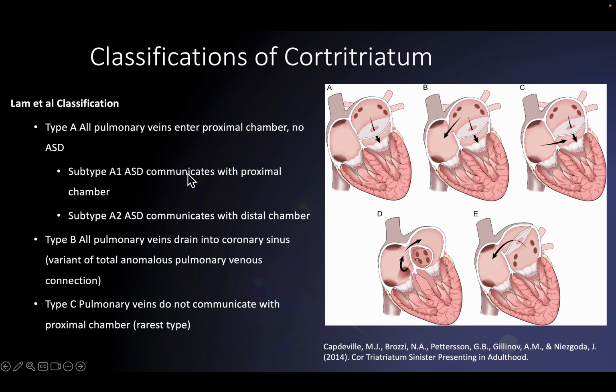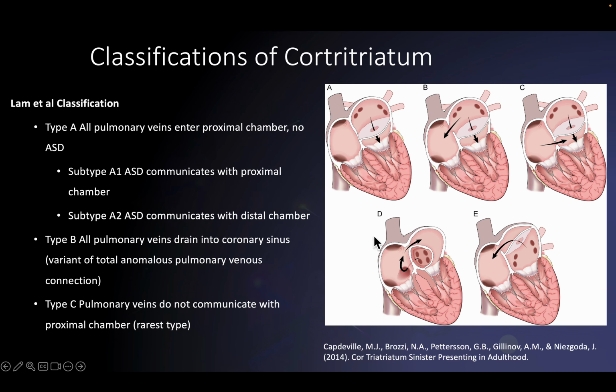Second subtype, A subtype, is once you have a membrane but you have an ASD which is proximal. Again, this was the type which I showed you in my first case of Cor triatriatum sinister. You can have an ASD which could be distal to the membrane, which is exceedingly rare.